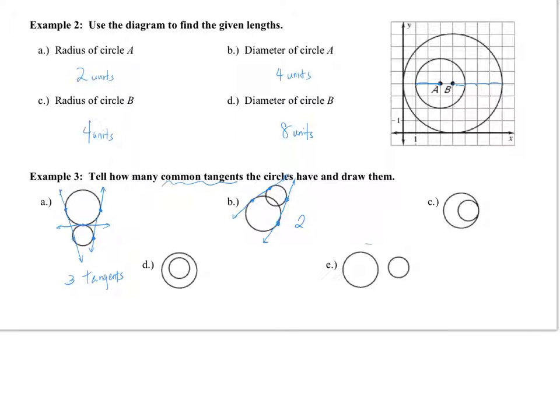And then for this one, we could do this, and we can also draw this, and that's 1, 2, 3, 4 tangent lines. And for these concentric circles, we only have 1.